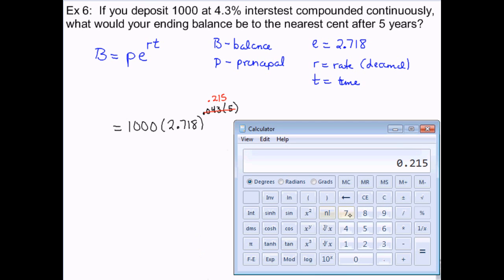Okay, this calculator doesn't have an e button, but my actual calculator has an e button. I don't know if the phone calculator does or not.